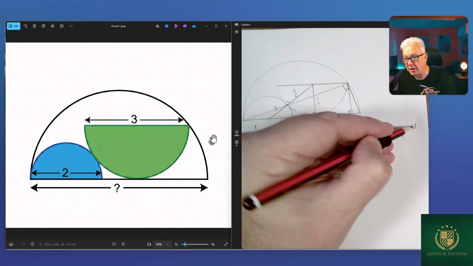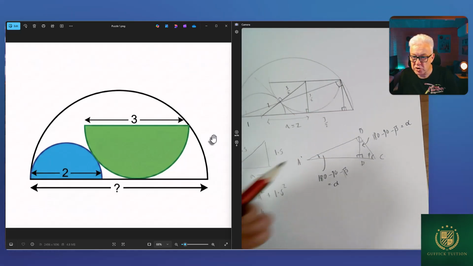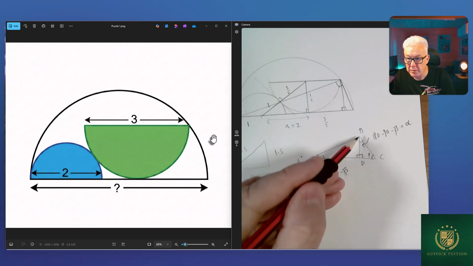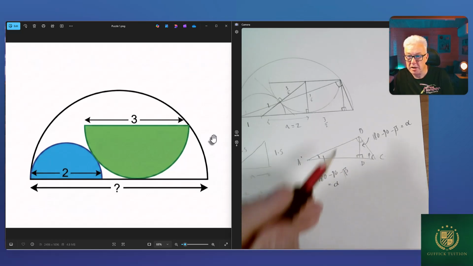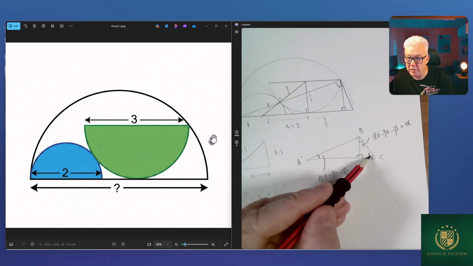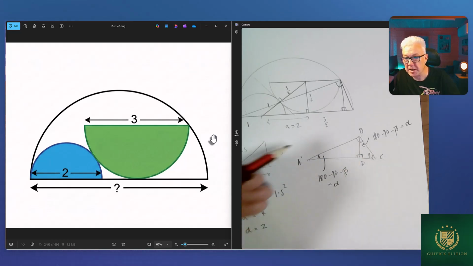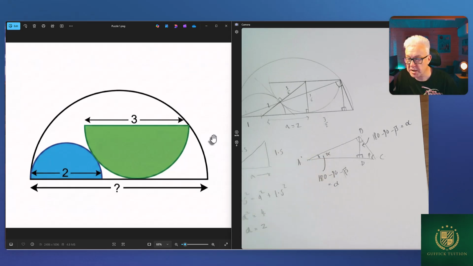So let's call it alpha. Okay, so that, I think, means we've established that the triangle ADB is mathematically similar to the triangle BDC, because they've both got angles alpha, beta, and 90. So they are, in fact, mathematically similar.